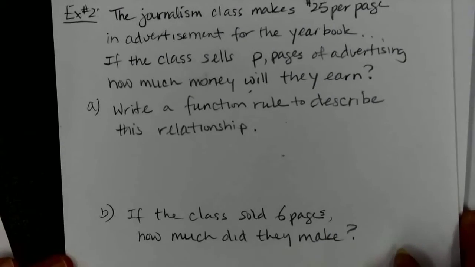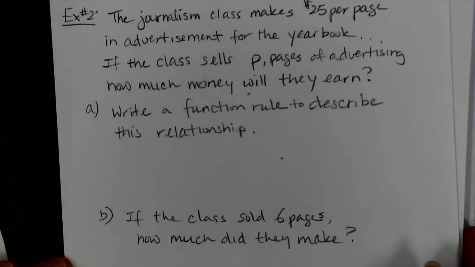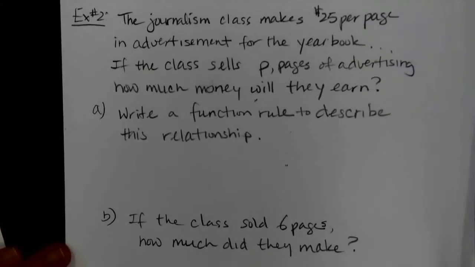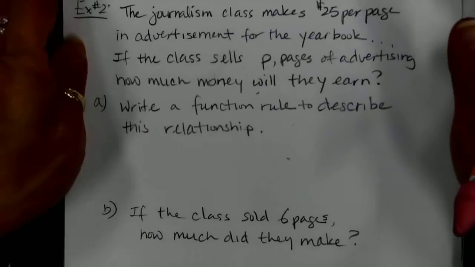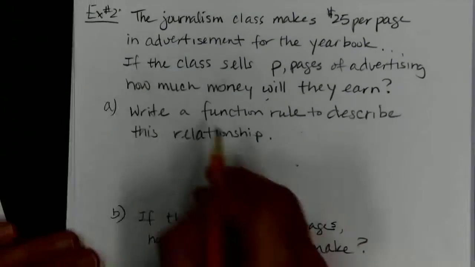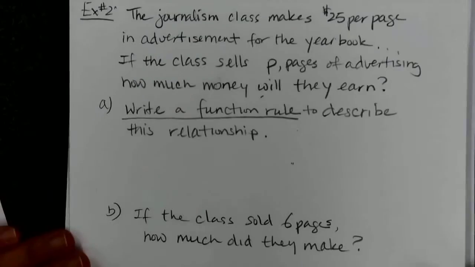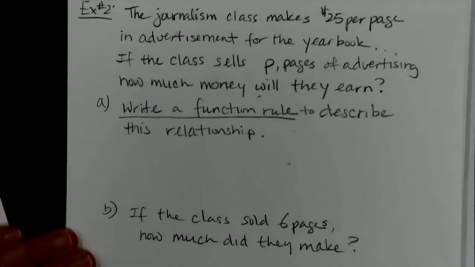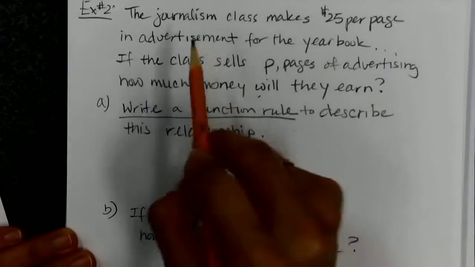So the second part's the easy part. We could figure out how much the class made by selling 6 pages. But the point of this lesson is to figure out how to write a function rule. So to write a function rule, that means we're going to write an equation. We got to see what the key terms are.